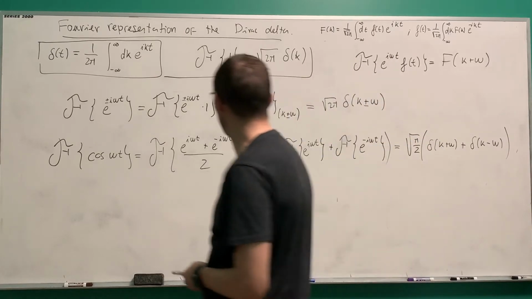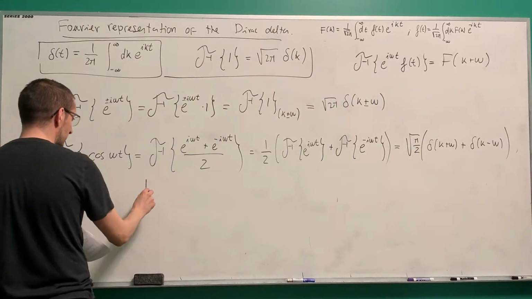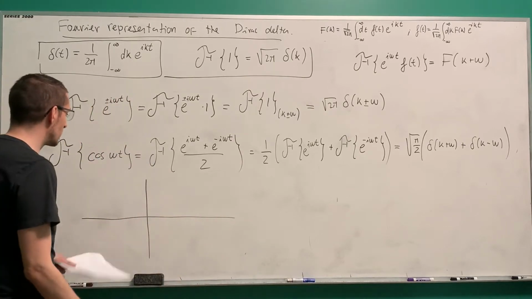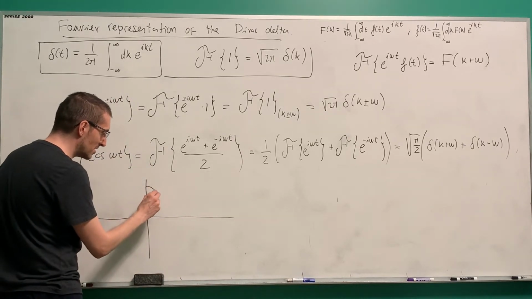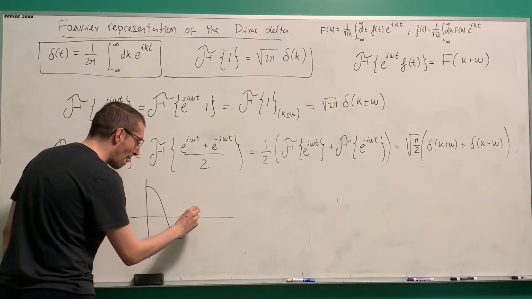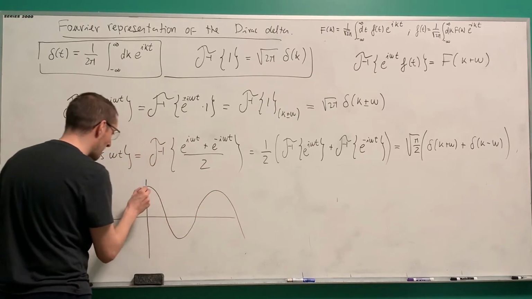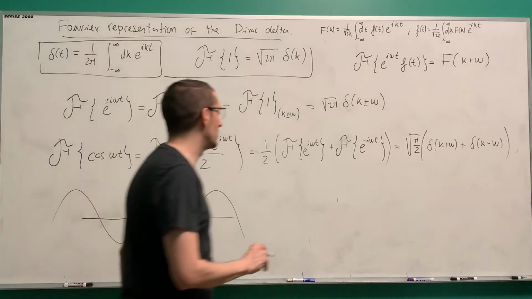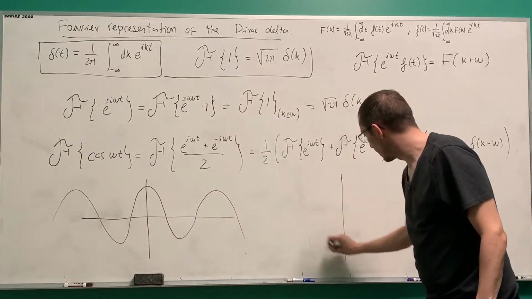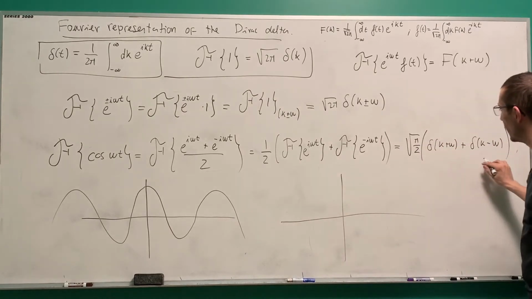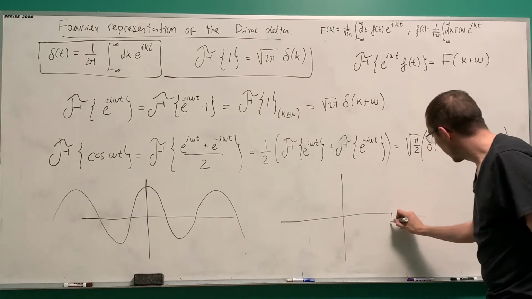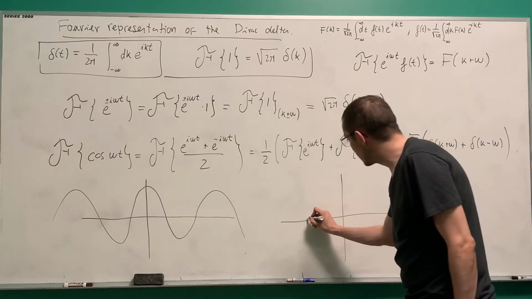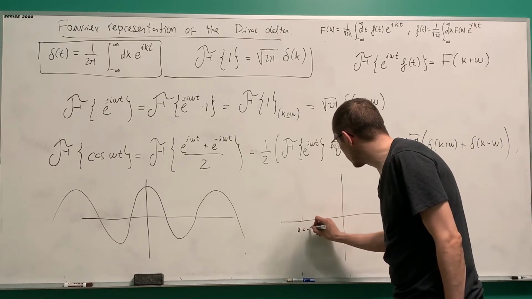Aha, so let's plot this. Of course the cosine has only one frequency, which is omega. If we plot the Fourier transform, it's 0 everywhere except when k equals omega, and when k equals minus omega.